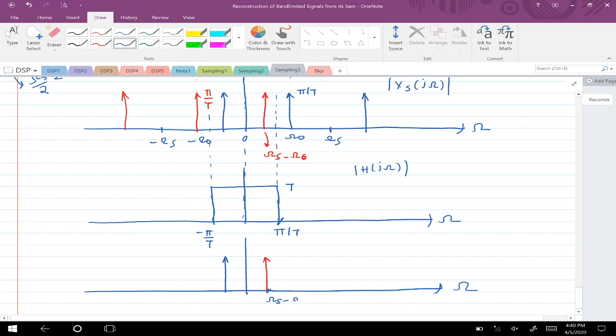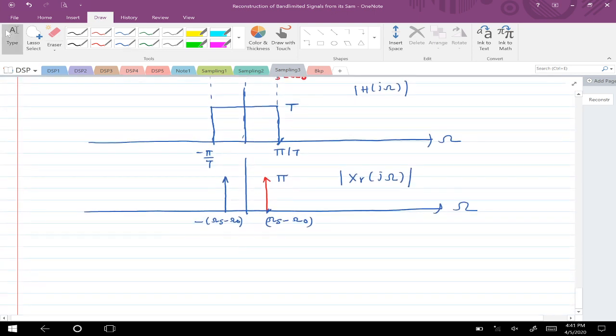The same logic, this would be minus of omega s minus omega naught, and after getting multiplied with T, you have pi here, and this is your magnitude of Xr of j omega.